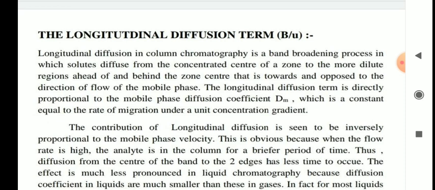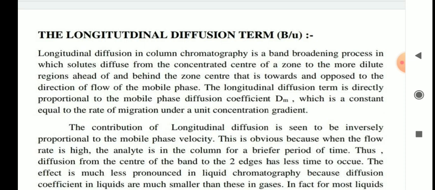Same way, if you are having a sample, especially a gaseous sample, and you are introducing it into the column, as it moves down the column under the mobile phase flow, the molecules will diffuse and undergo longitudinal diffusion.